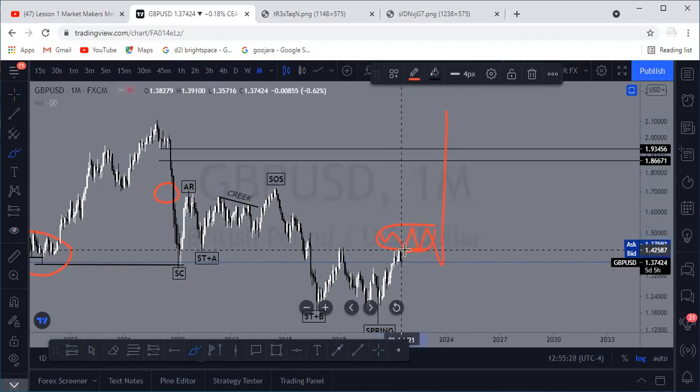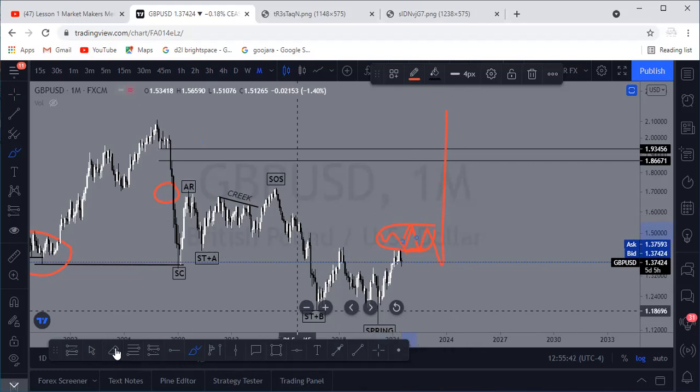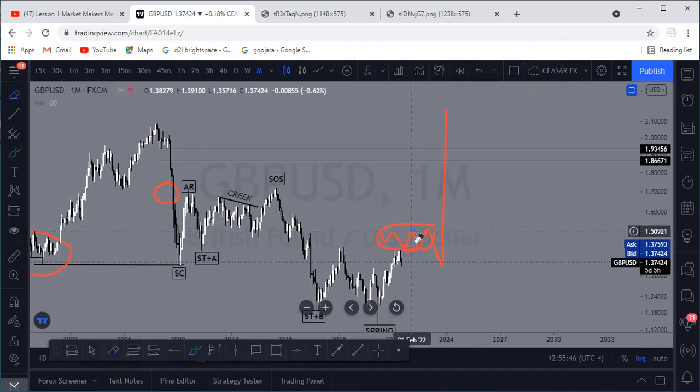By doing that, retail traders will go ahead and buy. What will happen is this. This high will be here. And then, okay, let me try to draw this on this side so that it will be clear.